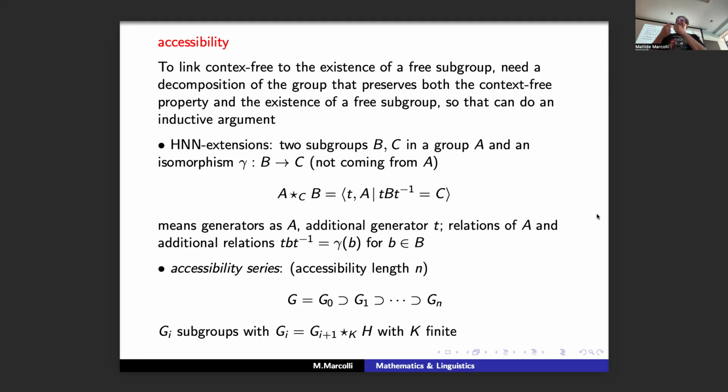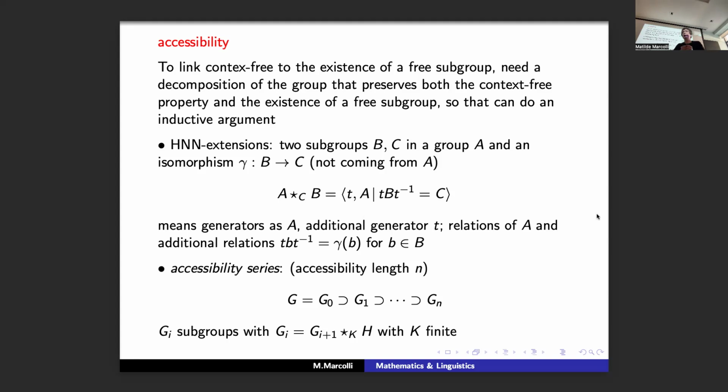And so if you reduce it by a chain of these operations until you get down to a finite group, then at that step, you already know that it is in this class, because it's in a smaller class. And then at all the other steps, you will have a free subgroup of finite index, and the context-freeness will be preserved. So these two properties will always be combined.